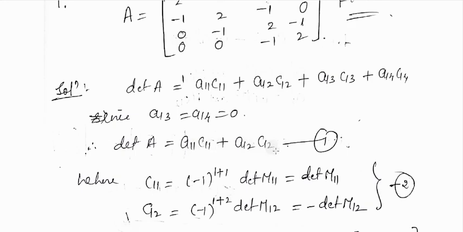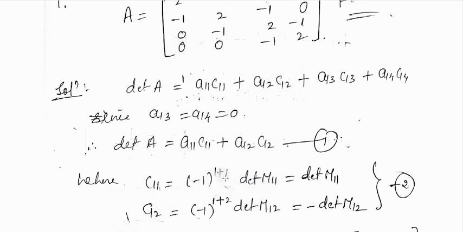Now let us find the cofactors with the help of the cofactor formula, Cij is equal to minus 1 to the power i plus j times determinant of Mij. Here i is equal to 1, j is equal to 1, the first element in the first row and first column. So the cofactor C11 is equal to minus 1 to the power 1 plus 1 determinant of M11.